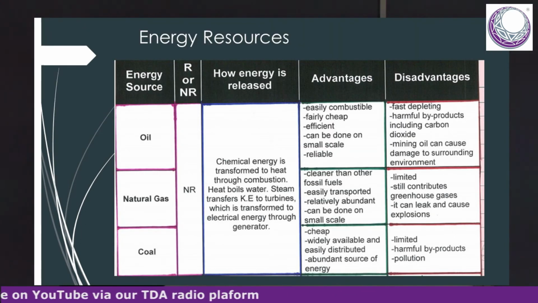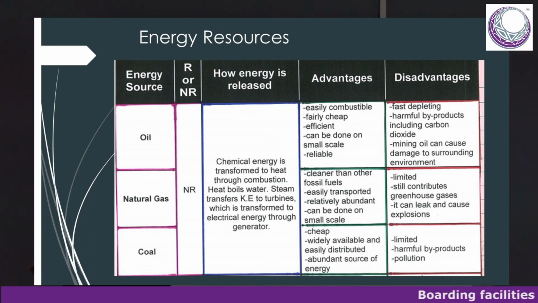We've got a summary of those energy sources, their advantages, their disadvantages, and how they work. In this case, we are looking at how they release electricity. How do we get electricity from these energy sources?